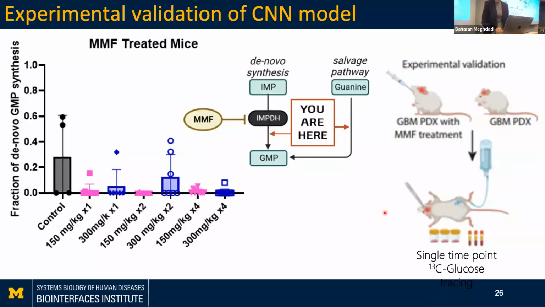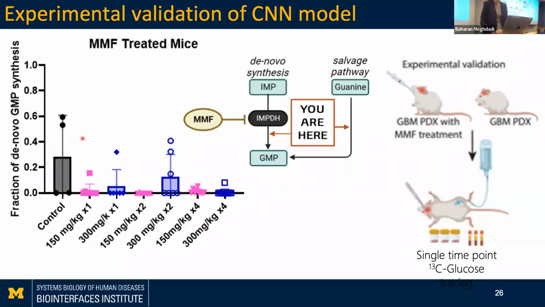And because this drug targets the de novo GMP synthesis, we expect to see a lower rate of de novo GMP synthesis in the MMF treated mice.